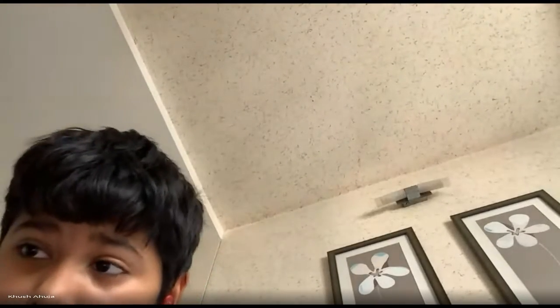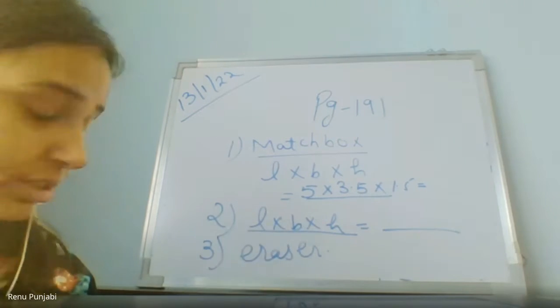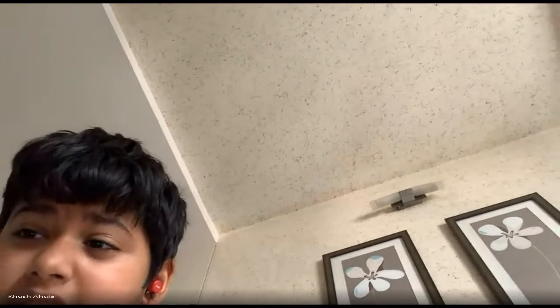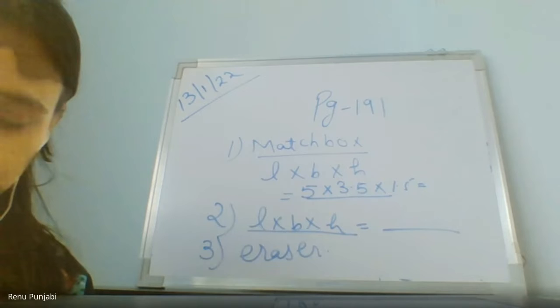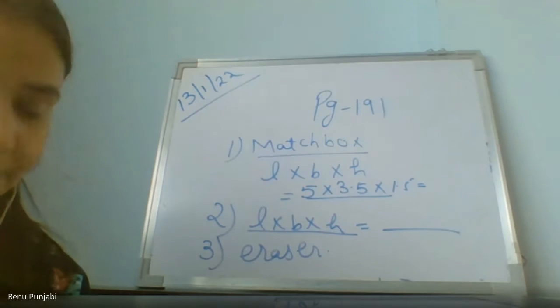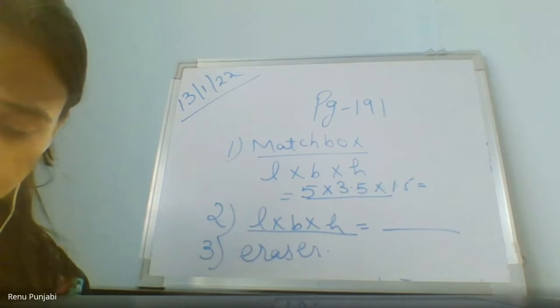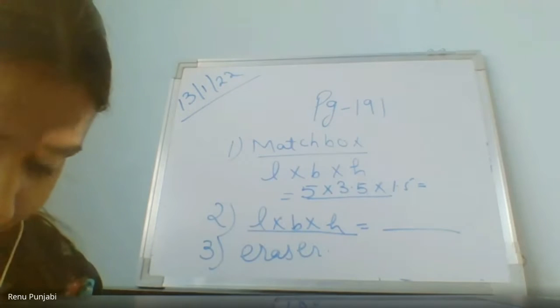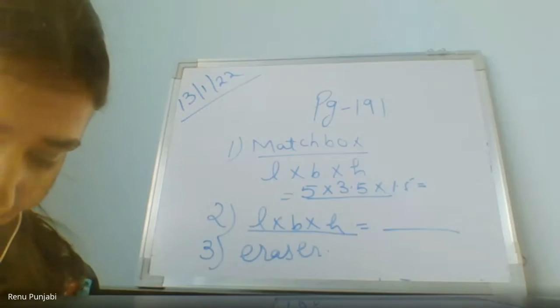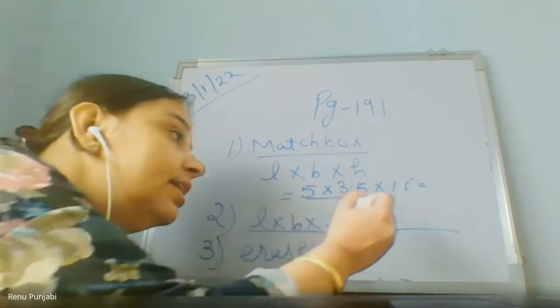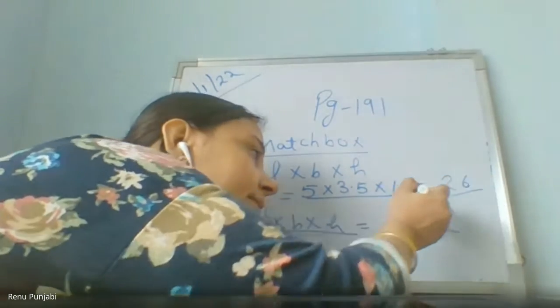So 5 multiplied by 3.5 multiplied by 1.5 is 26.25. Or you can say the answer is 26 also. You can write an approximate answer.